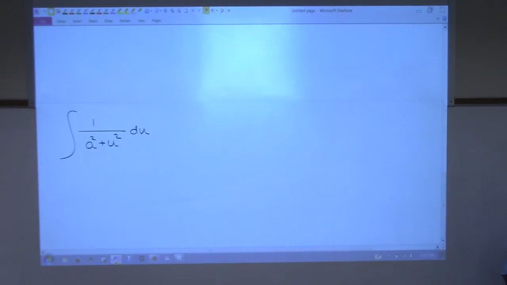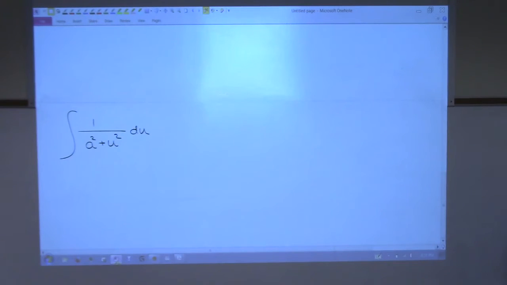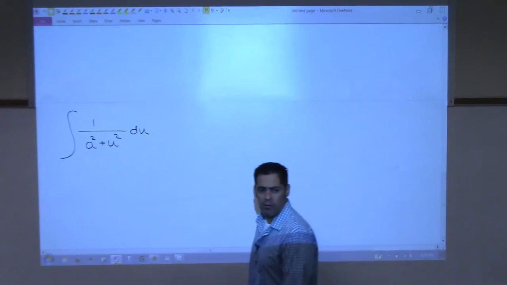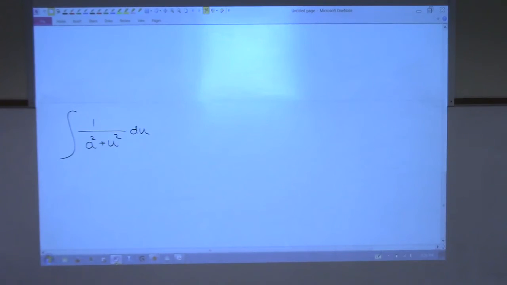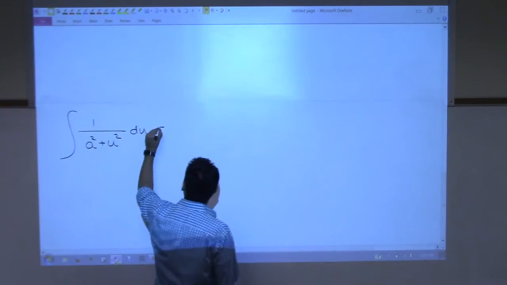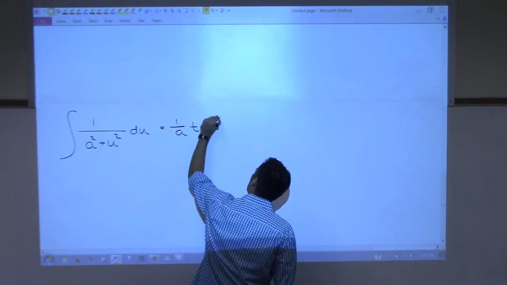But what does your formula sheet say the answer is? 1 over a times arctangent of u over a, right? You see the 1 over a out front? What formula is that? 17. Formula 17 says that this should be equal to 1 over a arctangent of u over a.